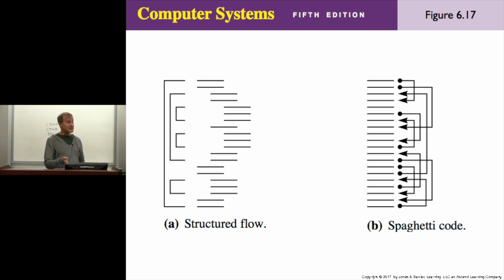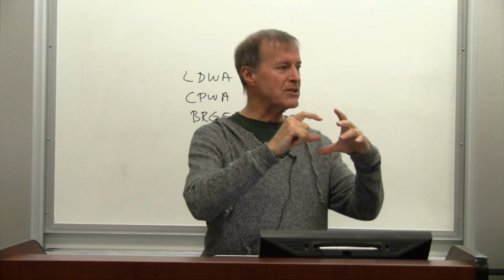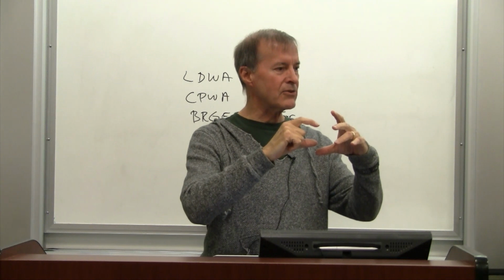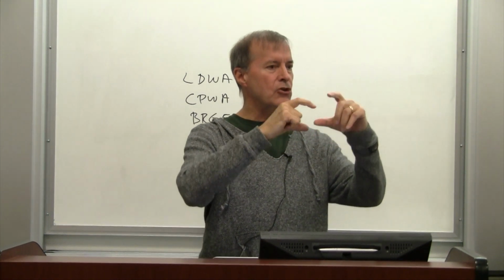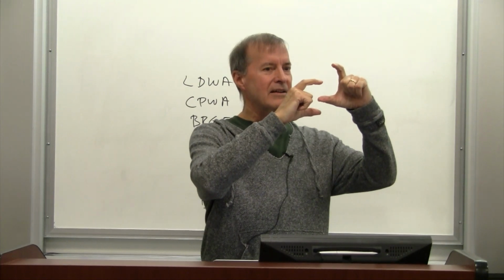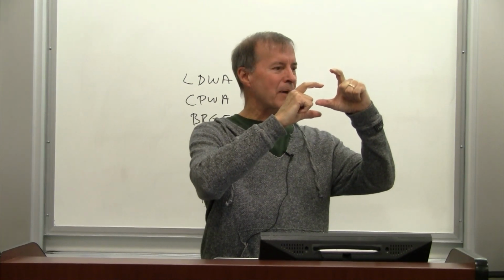But if you're writing in C, you have to have what? Ifs, loops, and furthermore, an if has to be totally nested inside of a loop, or a loop has to be totally nested inside of an if. You can't have the boundaries like this.